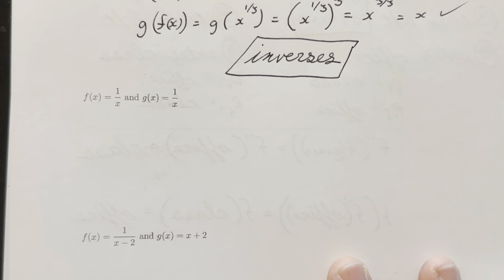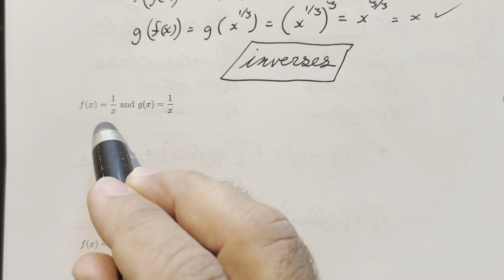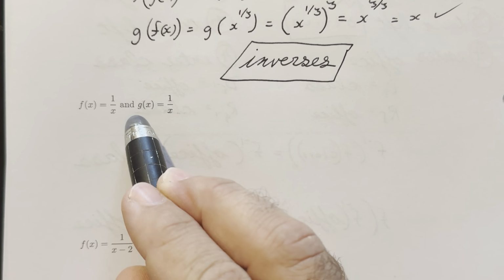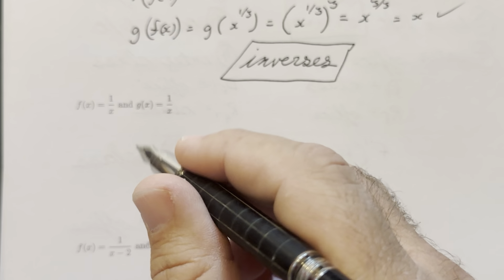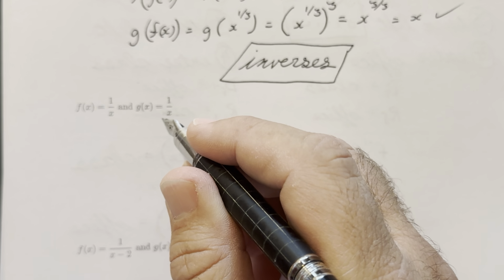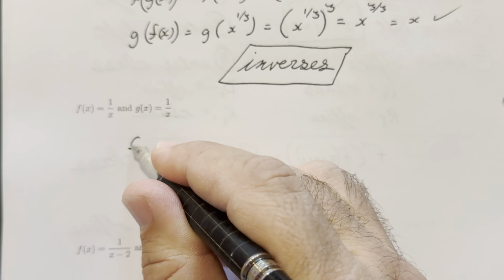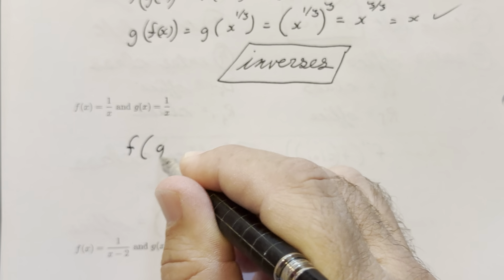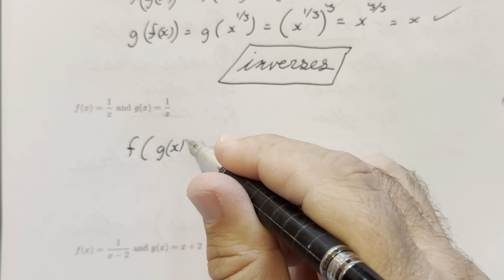Next, we're going to look at f is the inverse function and g is the inverse function. And we're going to see if the inverse function is its own inverse. This one, note that f of g of x is the same as g of f of x. So we're only going to do this one direction since it's the same regardless if I have f of g or g of f.